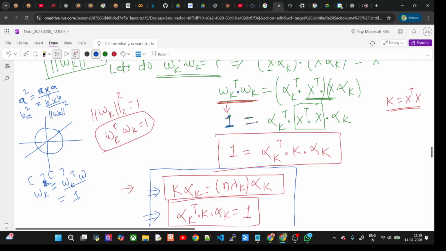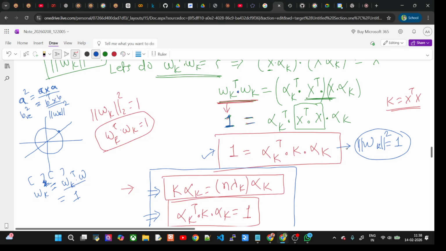So this gives us another equation for alpha k. If some alpha k satisfies this equation, then alpha k will generate a wk of unit length 1, where wk is the eigenvector. So you don't need to bother about which alpha k to take to get w with unit length 1.